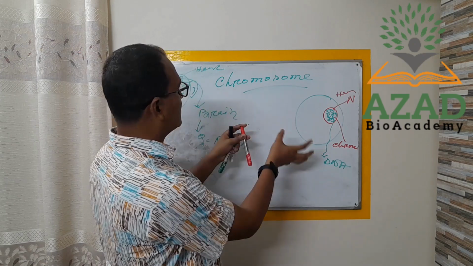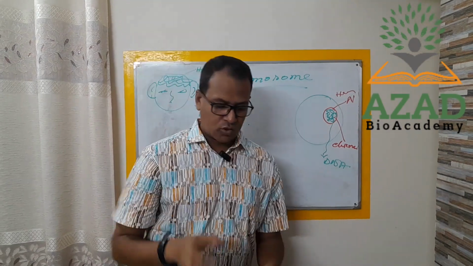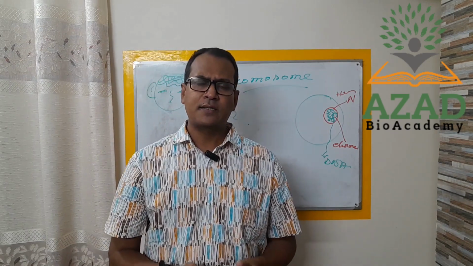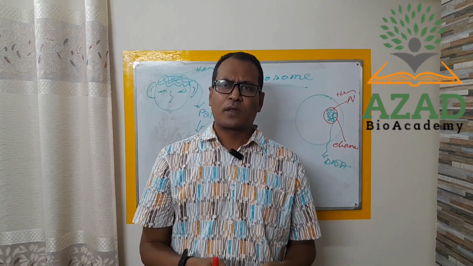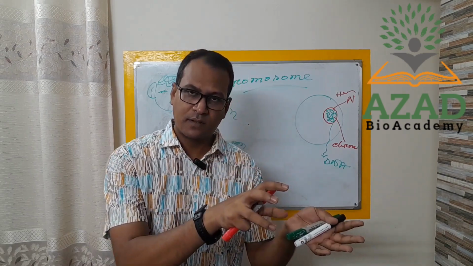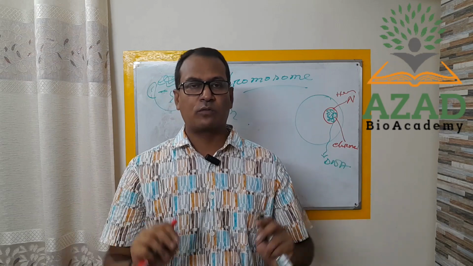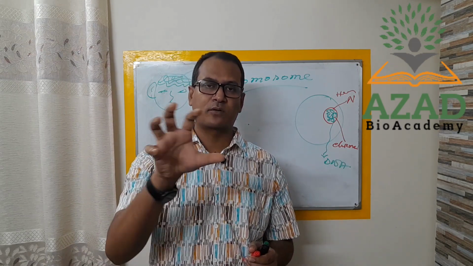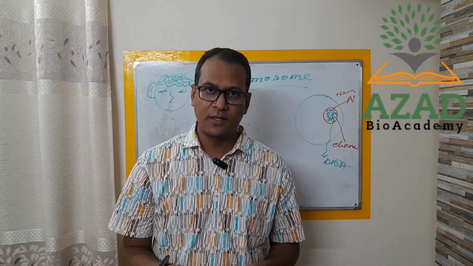So before discussing the chromosome, let's talk about the background of chromosome. This is an astonishing thing, you know: in the normal state, before cell division, no chromosome is present within the cell. No structurally visible chromosome is present within the cell.